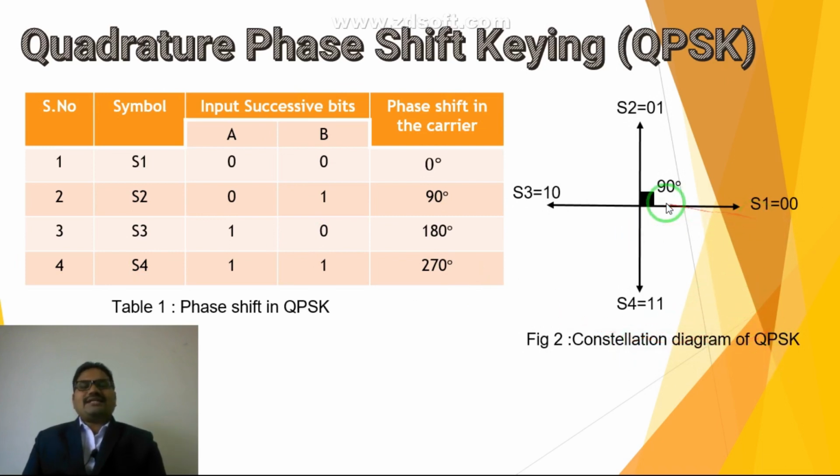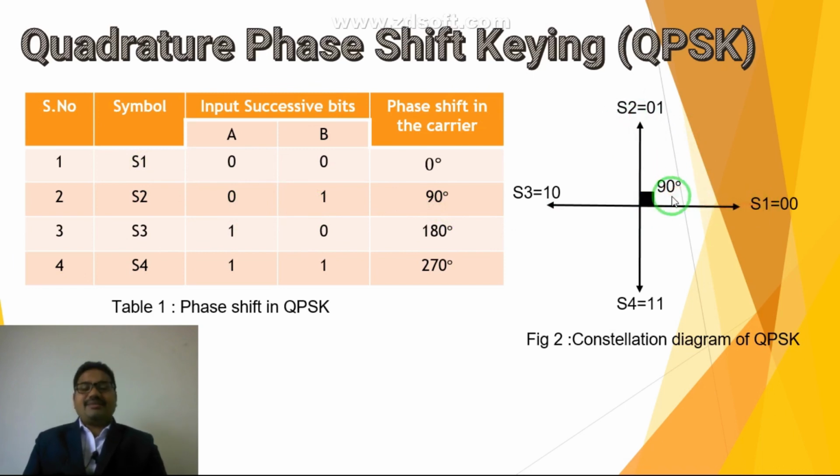So you can see that on the x-axis, first is the S1 symbol, that is 00. Since S1 is transmitted, there is no phase shift, so that's why it appears on this x-axis. But similarly, when S2 is transmitted, you can see from this table that there is a 90 degree phase shift with respect to S1. So the phase difference between S2 and S1 is 90 degree.